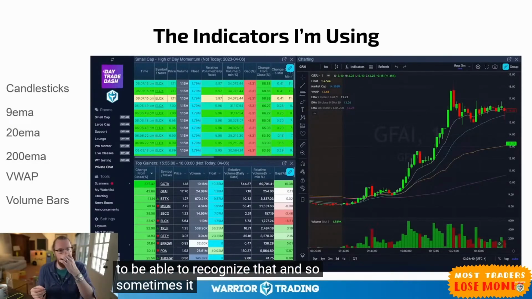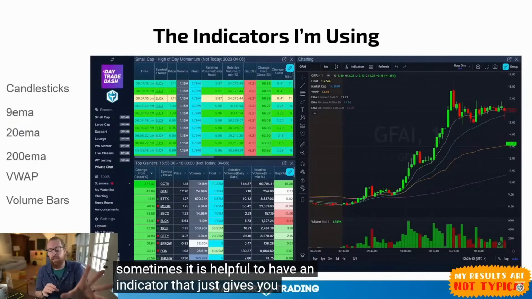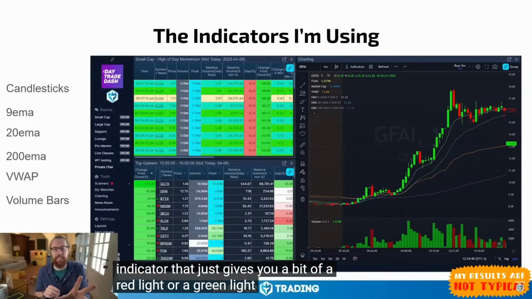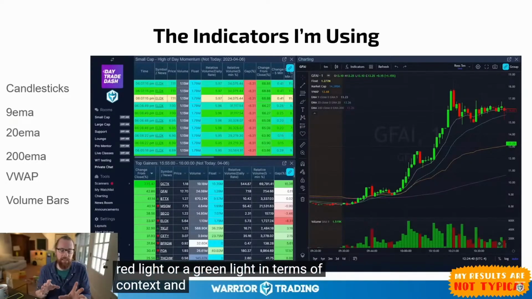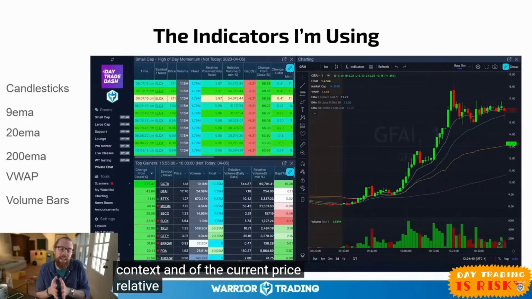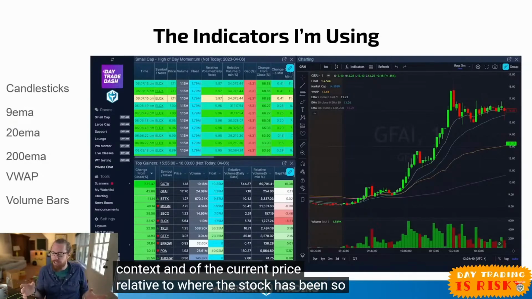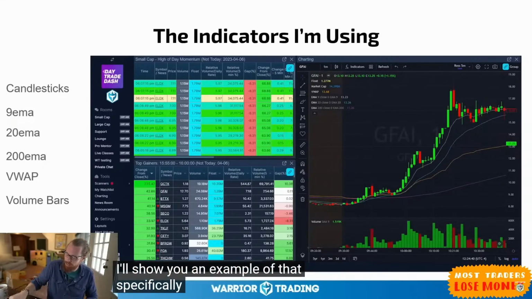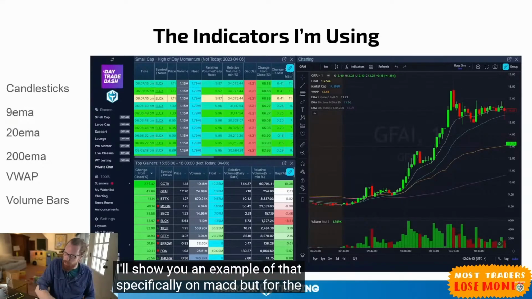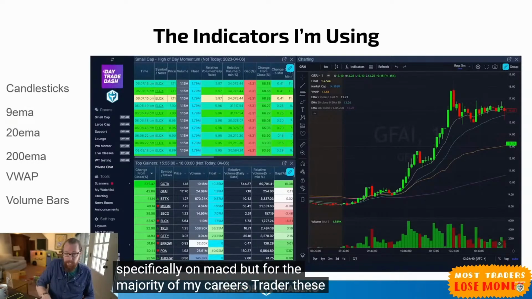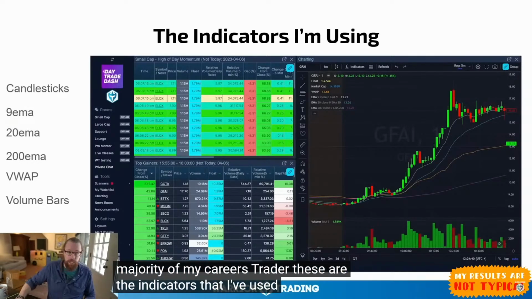And so sometimes it is helpful to have an indicator that just gives you a bit of a red light or a green light in terms of context and of the current price relative to where the stock has been. So I'll show you an example of that specifically on MACD. But for the majority of my career as a trader, these are the indicators that I've used.